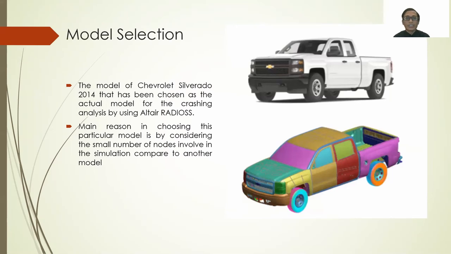The model I'm using in my project is the Chevrolet Silverado 2014, chosen as the actual model for the crash analysis using Altair RADIOSS. The main reason for choosing this particular model is the small number of nodes involved in the simulation compared to another model.